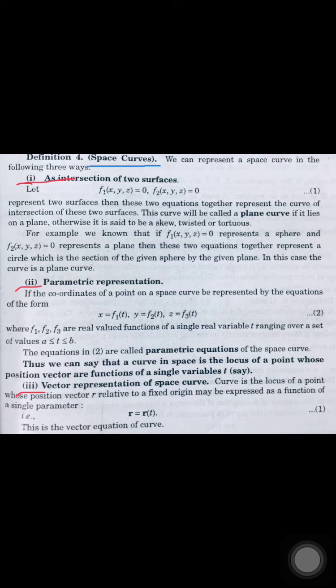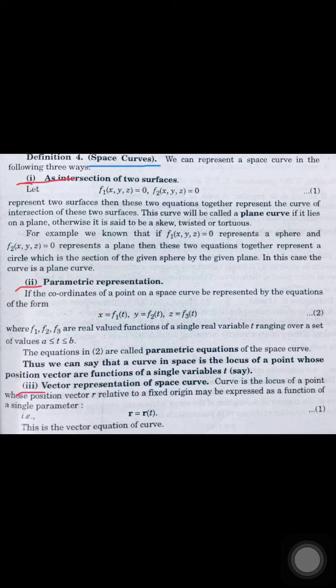So we take three coordinates and two surfaces: f1(x,y,z) equals 0 and the second one f2(x,y,z) equals 0. These two equations together represent the curve of intersection of these two surfaces. So a curve in space is nothing but the intersection of two surfaces.